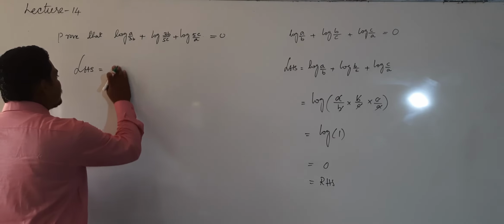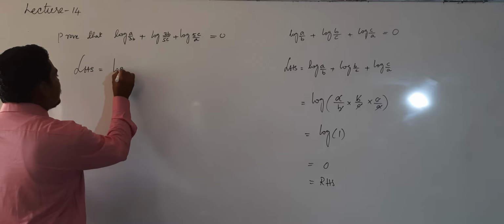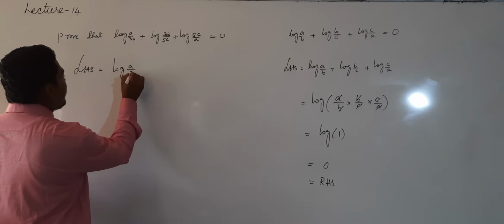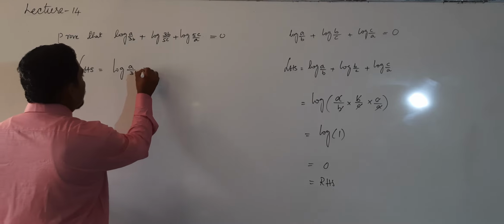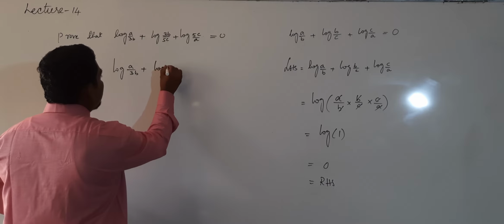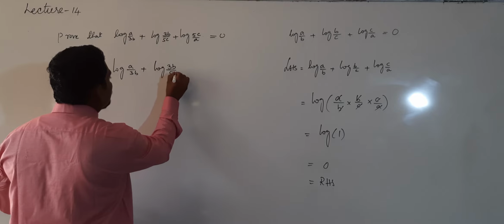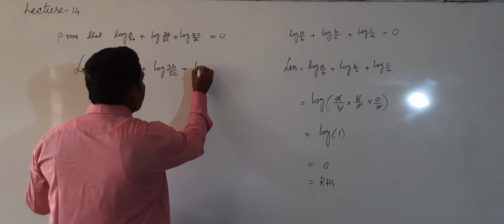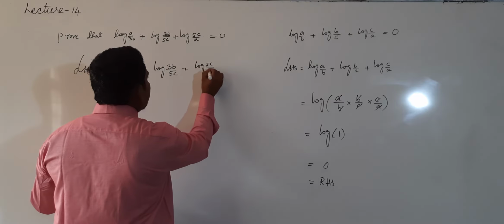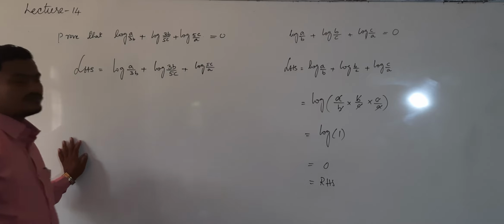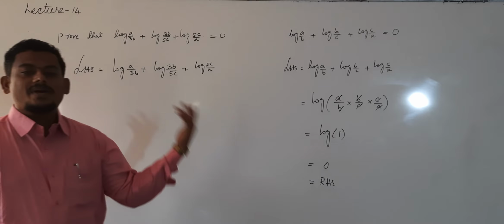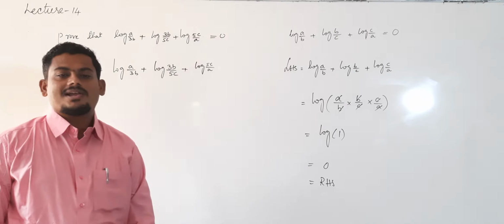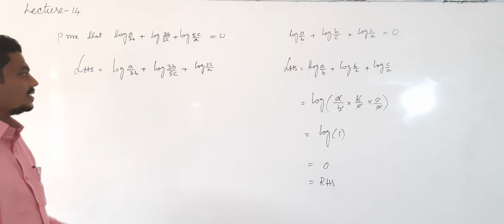Consider LHS. Log a divided by 3b plus log 3b divided by 5c plus log 5c divided by a. You can use either log m by n formula or else log m plus log n plus log p.